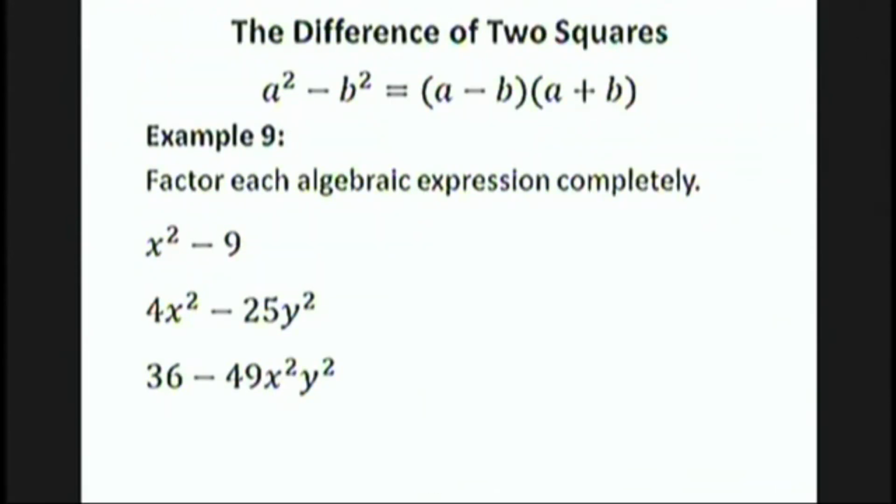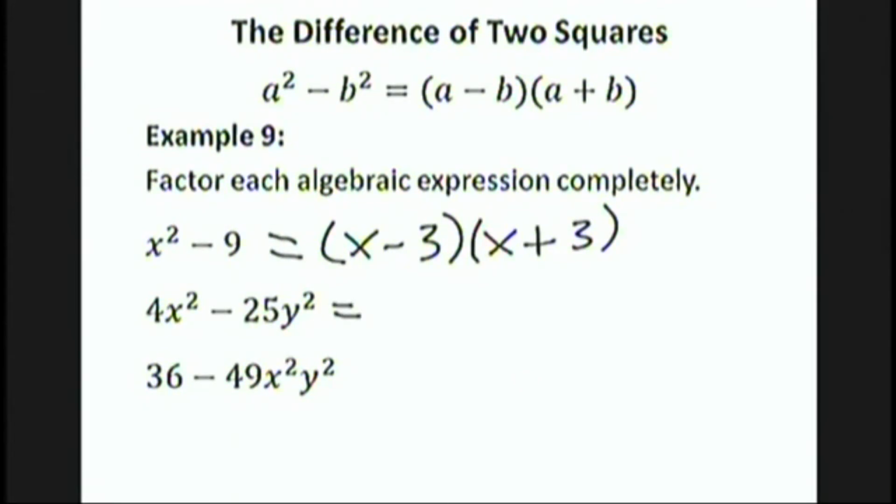Okay. The difference of two squares, a squared minus b squared, always factors as a minus b times a plus b. Let's look at a few examples here. x squared minus 9 factors as x minus 3 times x plus 3. 4x squared minus 25y squared factors as 2x minus 5y times 2x plus 5y.